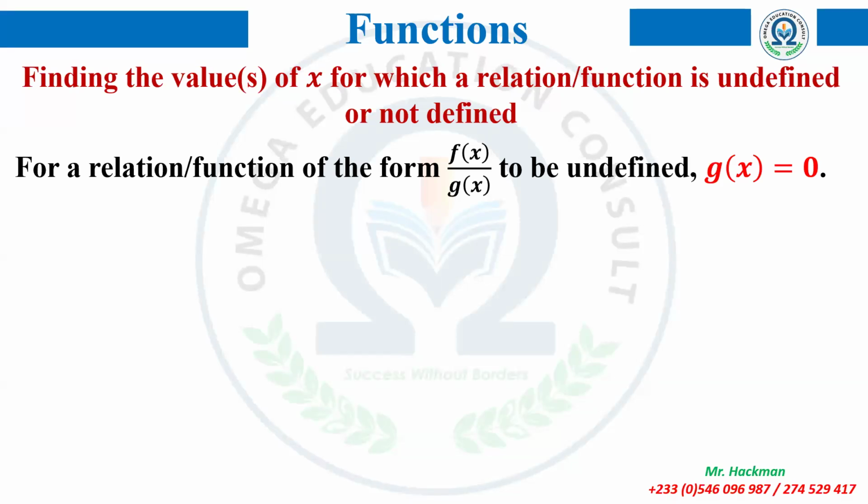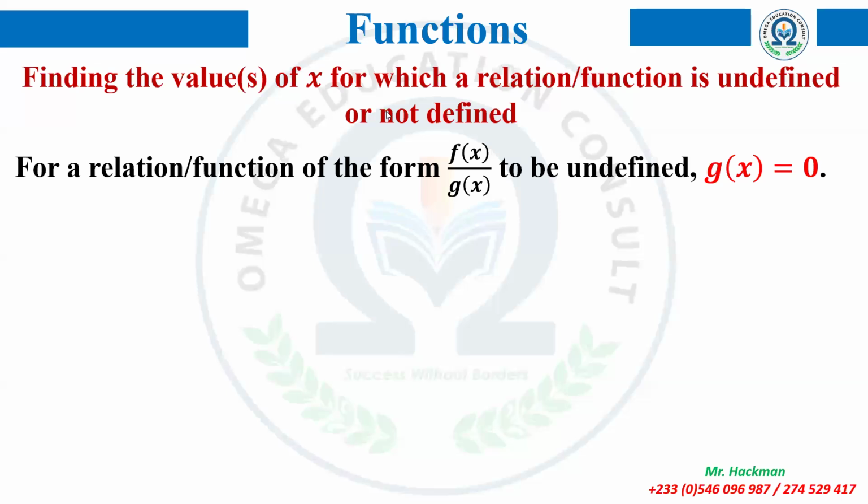Okay, so you are welcome back from the water break. Now we are going to look at our next concept. Here, this is what we are going to do. We'll be looking at finding the values of x for which a relation or a function is undefined or not defined.